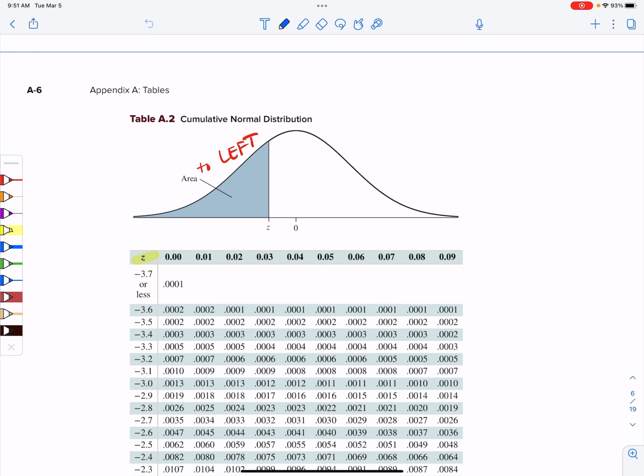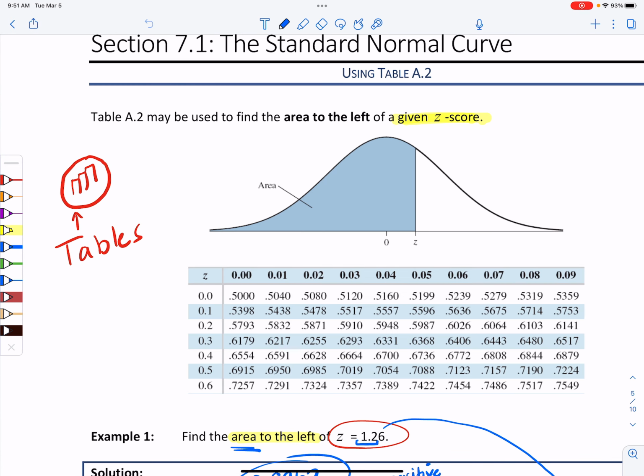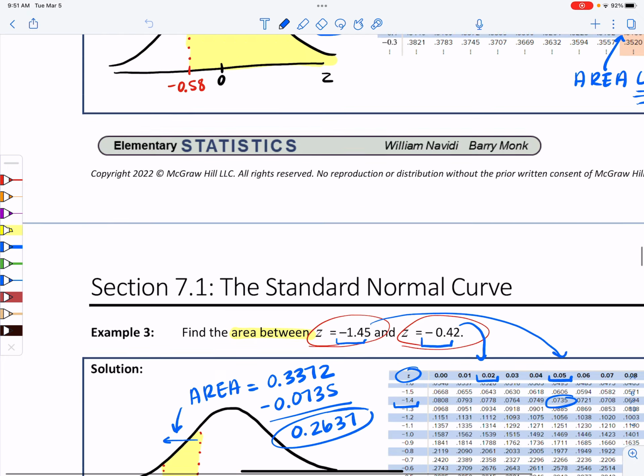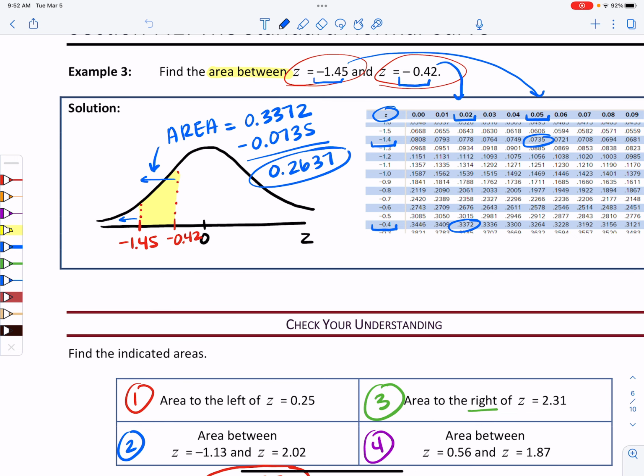When you're working in Alex, a lot of times the problem will have a direct link to the table, but anytime it doesn't and you need it, you can just click on that icon from one of your problems in Alex. So pause your video here. Try these next 4, and then come back and check your answer.